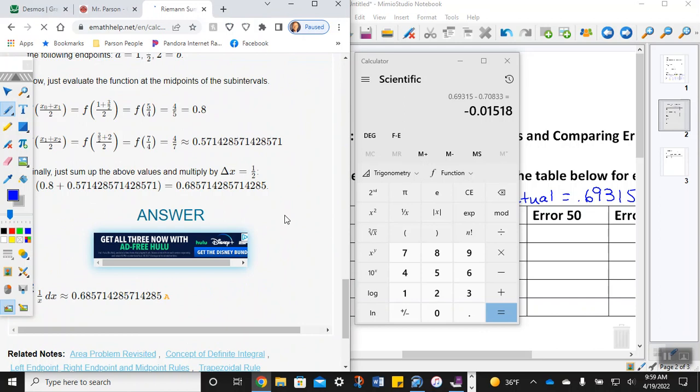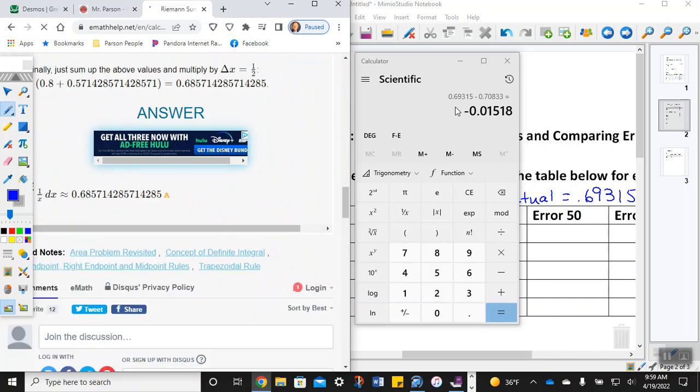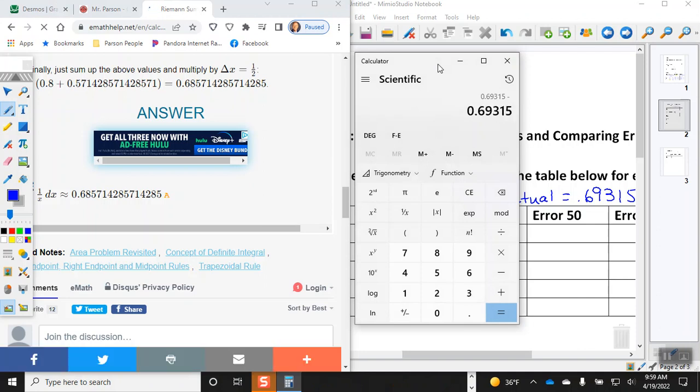Okay, I'm going to go 0.69 minus... okay, there's the midpoint error. 0.00744. Okay, do you understand how I'm getting all these errors? That's my first question. Yep.